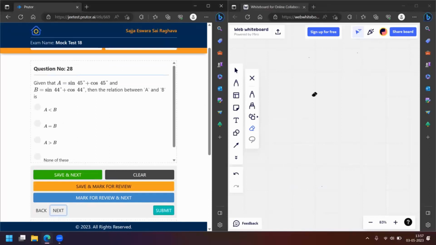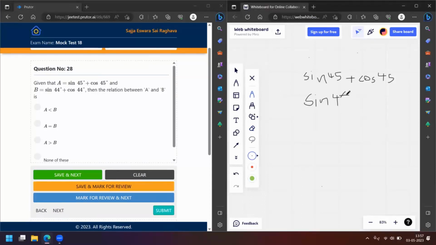So this question says a equal to sine 40. So what we'll do is we'll multiply and divide by sine 45, which is equivalent to cos 45, so that we can rearrange these terms into a single term. So if we multiply and divide it by sine 45, if we multiply with sine 45 and cos 45, we will get sine 45 into sine 45 plus cos 45, which is equal to cos of a minus b.